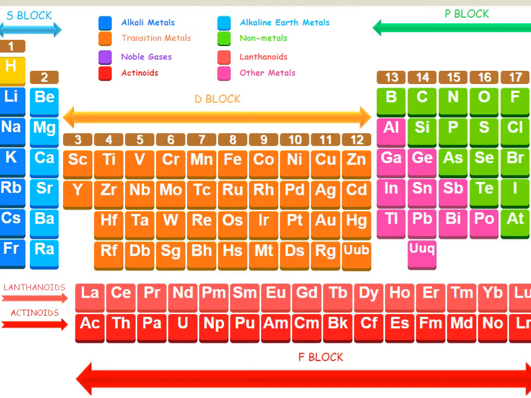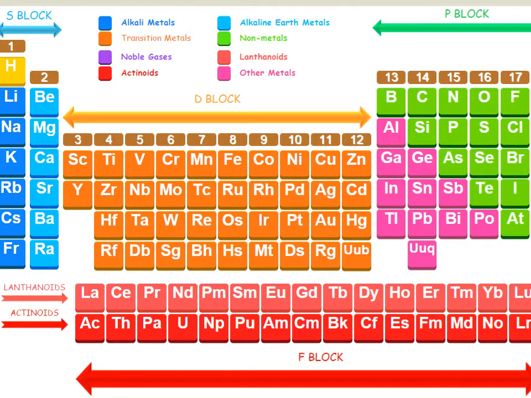The elements of S block will have their last electron filled in the S subshell. The S block consists of two groups, namely group 1 and group 2. Group 1 is called alkali metals and group 2 is called alkaline earth metals.